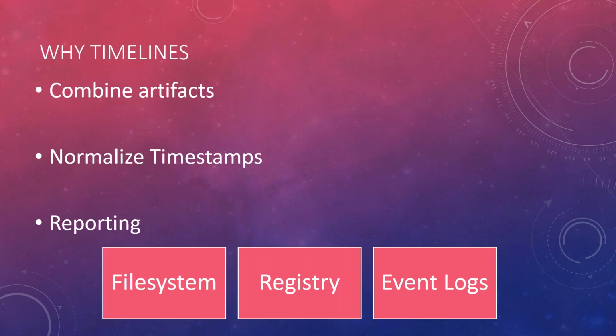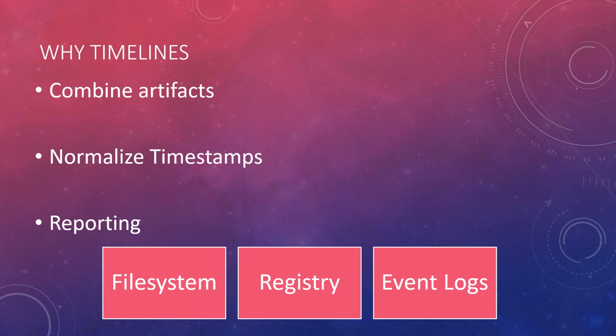So the benefit of having a timeline is that you're able to combine multiple artifacts into basically one spreadsheet, all in one standardized format. And through this process, you're going to normalize all these timestamps.